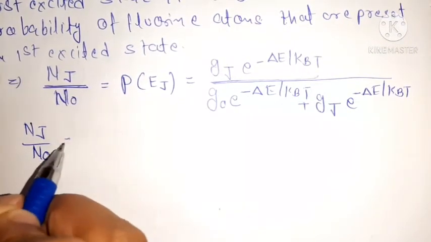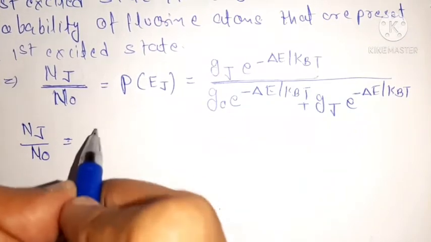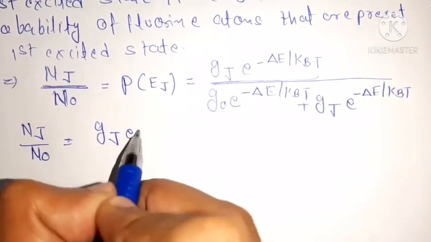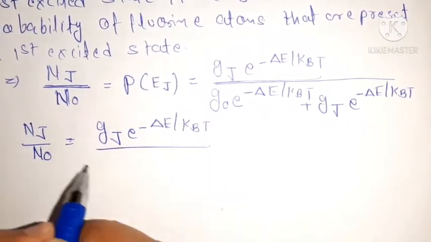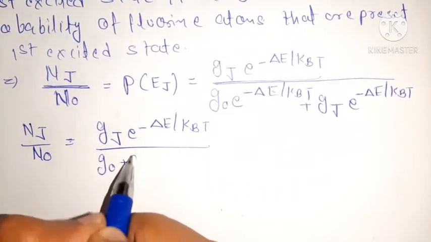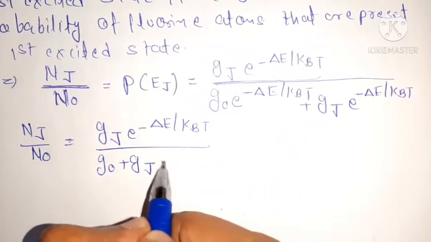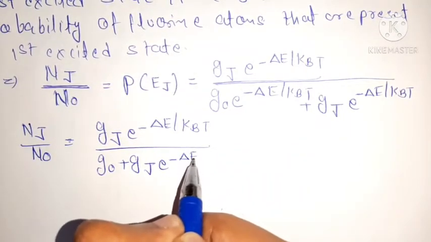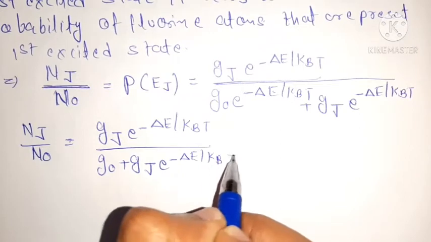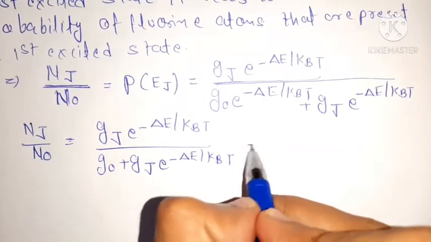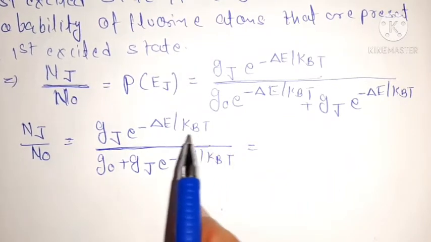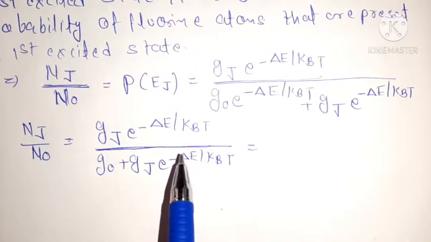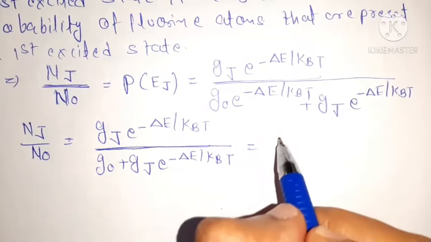Nj upon N naught is equal to Gj e to the power minus delta E upon Kb into T, upon, this will be common, G naught plus Gj e to the power minus delta E upon Kb into T. So the degeneracy of the first excited state we find is 2.